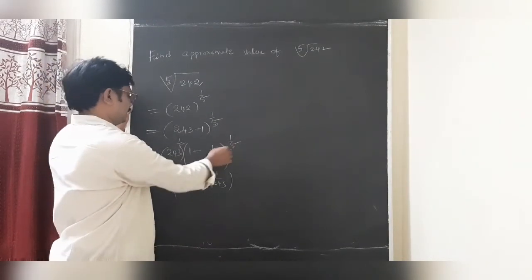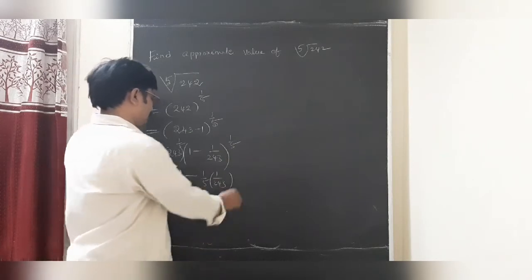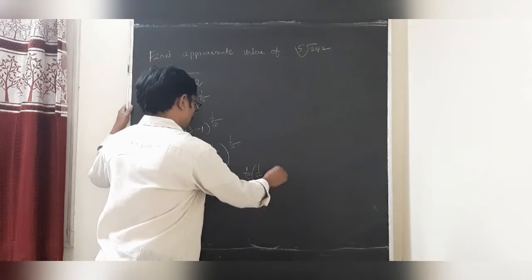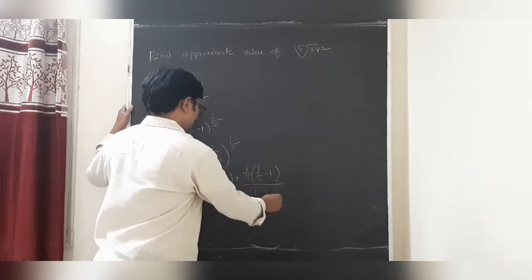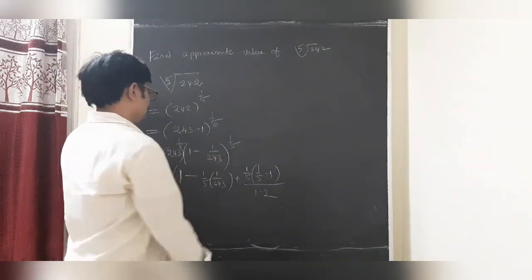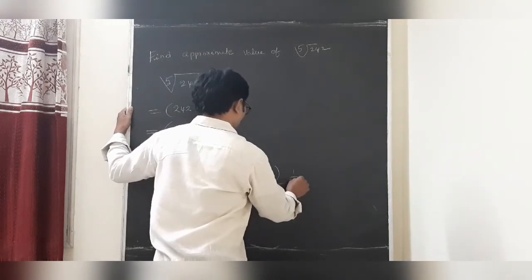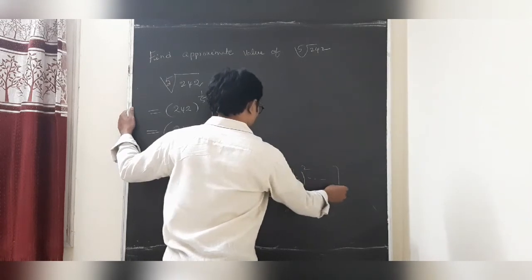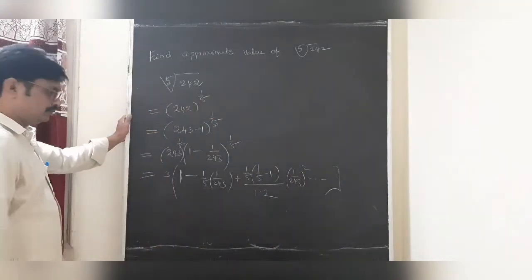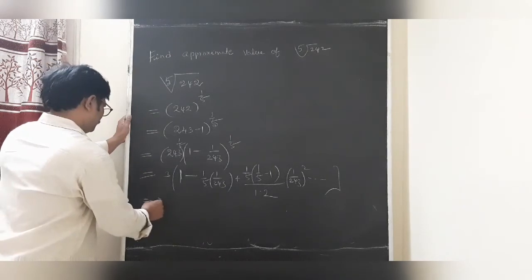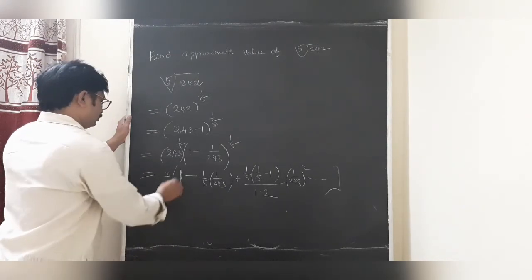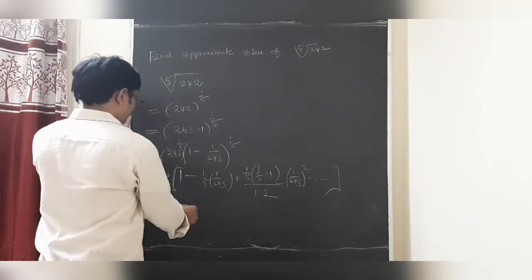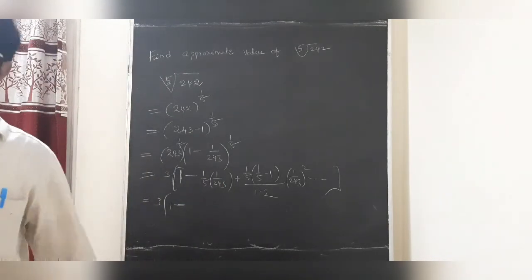1 minus nx, 1 by 5 into 243. After that, 1 by 5 into 1 by 5 minus 1, 1 into 2, that is 1 by 243 whole squared. So students, this is 3 into 1 minus 1 by 243. What is the value of 1 by 243?